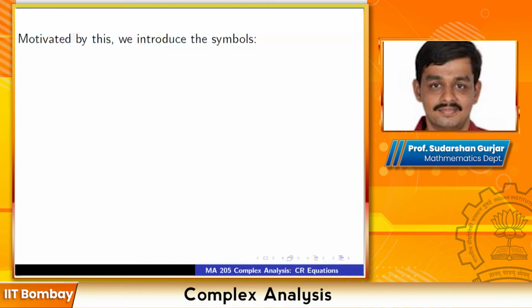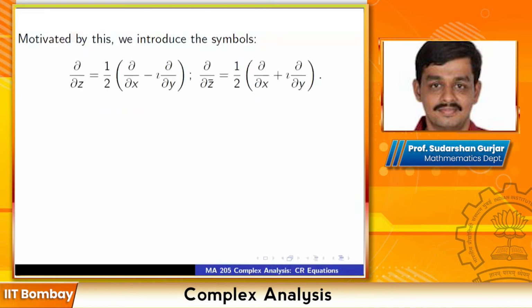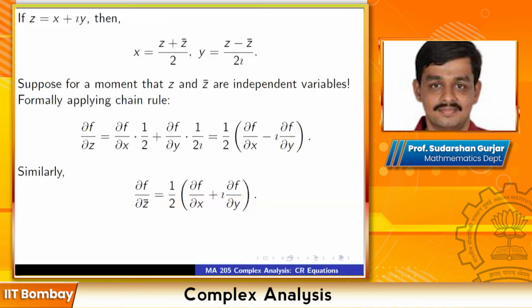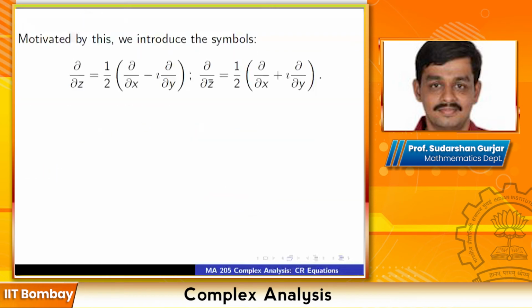So motivated by this, we will introduce the symbols del by del z equal to half (del by del x minus i del by del y), and del by del z bar equal to half (del by del x plus i del by del y). Simply motivated by what we got in the computation in the previous slide. This is just a definition.